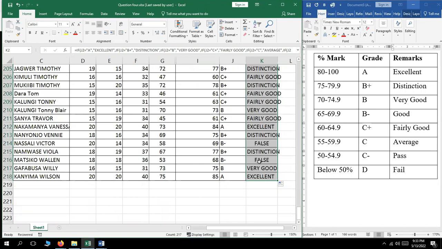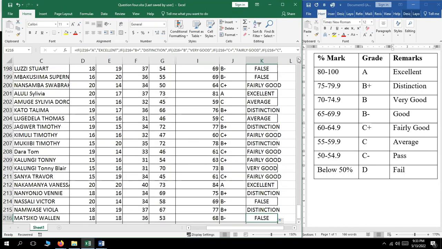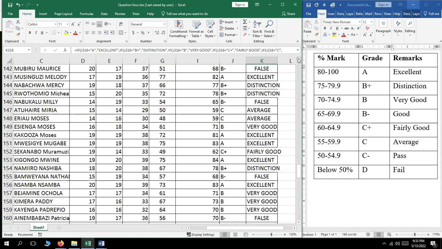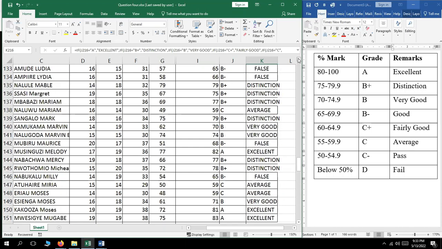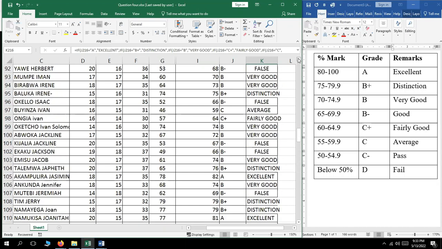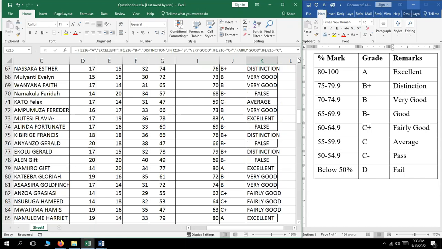Yes, there's a problem here under B minus. Where's the problem? Let's troubleshoot. We're going to go back to our formula and double check. Wherever we have B minus, we have a problem.